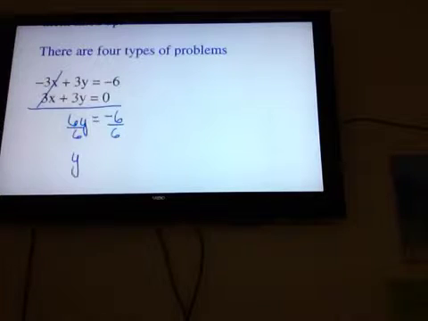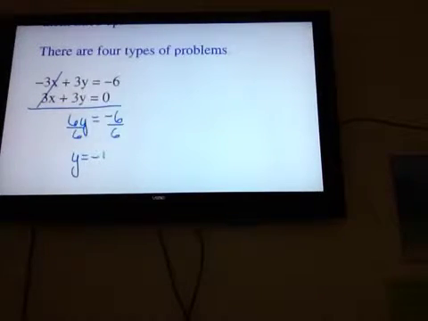And y is negative 1. Now, unlike the substitution equations, there's not an equation that's better than another to plug this into, I should say. In substitution, there was always a good one to find the other value. But here, it really doesn't matter.